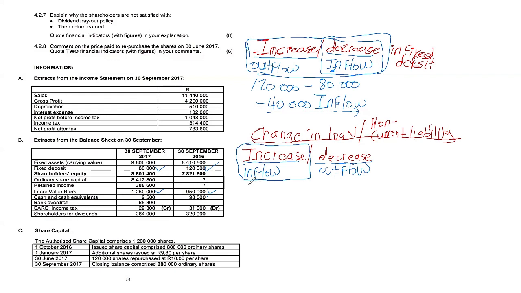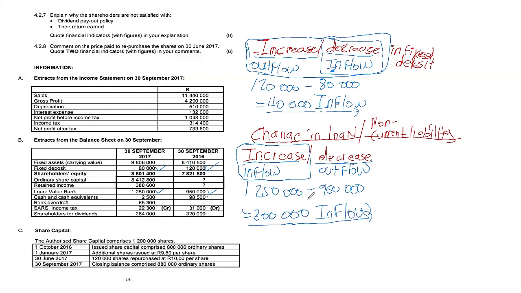So now your calculation will be 1,250,000 minus 950,000, right? So the change in your non-current liabilities will be 300,000. Again, remember to indicate that this 300,000 will be your inflow.